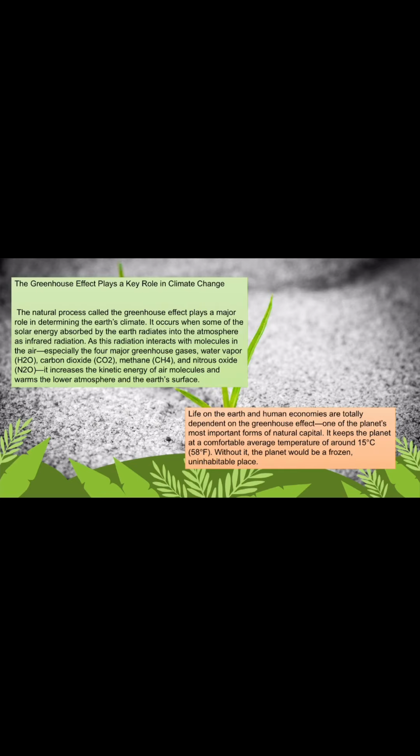It increases the kinetic energy of air molecules and warms the lower atmosphere and the Earth's surface. Life on Earth and human economies are totally dependent on the greenhouse effect, one of the planet's most important forms of natural capital. It keeps the planet at a comfortable average temperature of around 15 degrees Celsius. Without it, the planet would be a frozen, uninhabitable place.